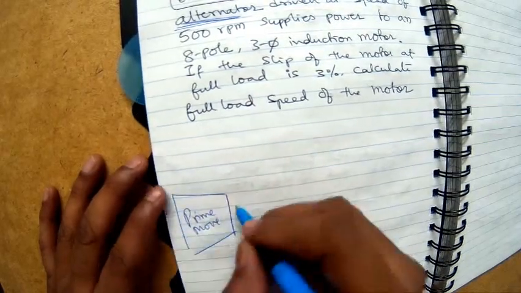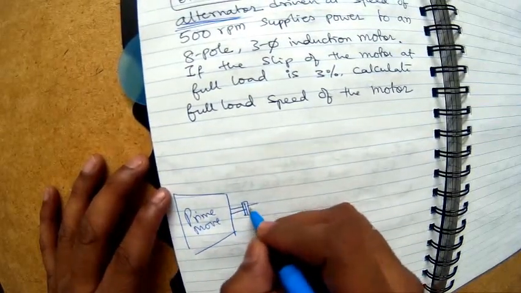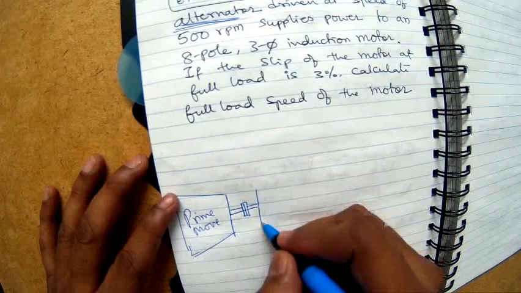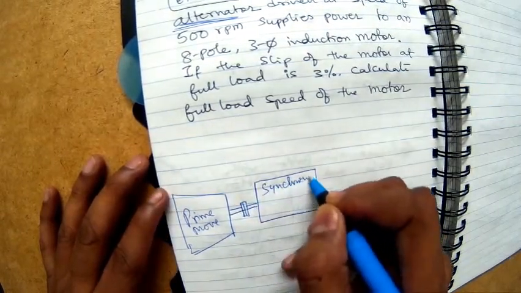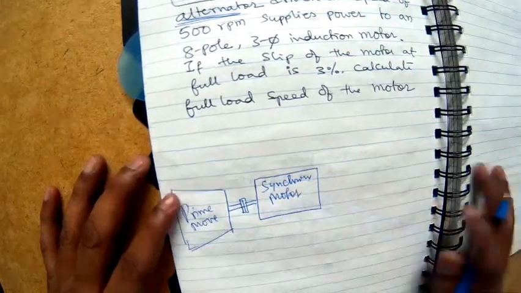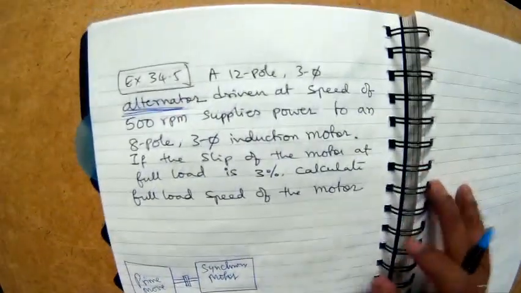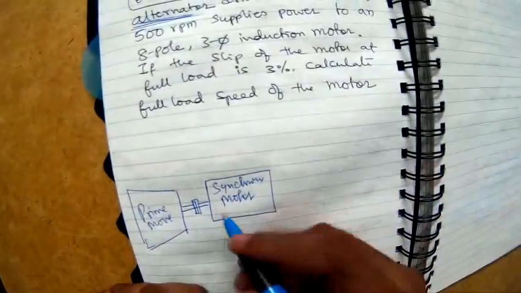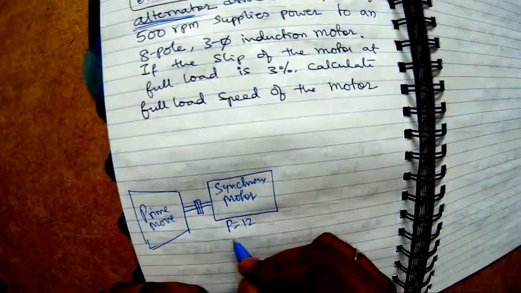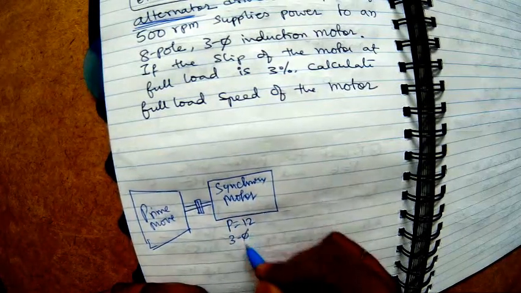Some kind of prime mover is connected to a synchronous machine. And this particular machine, the information given, is a 12 pole 3-phase machine. So here P equal to 12 and then 3 phases.